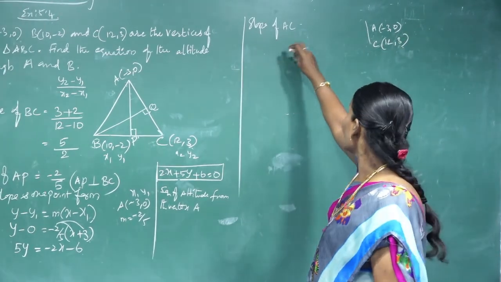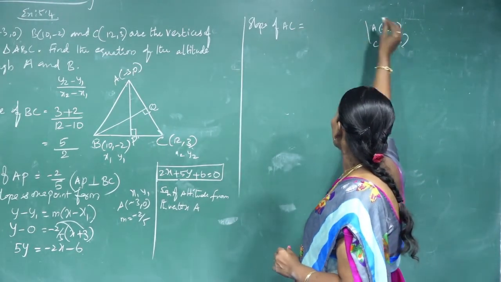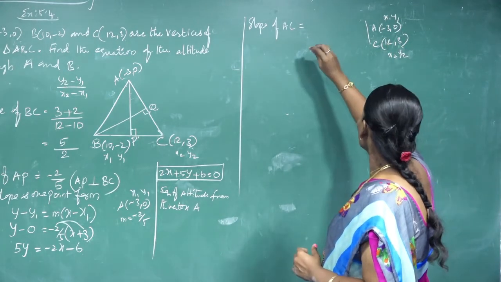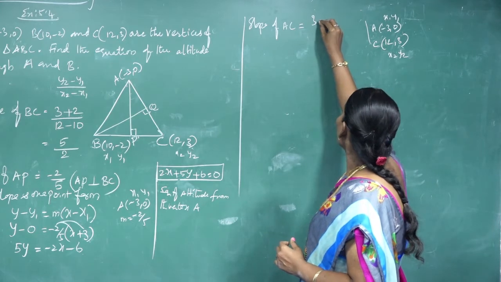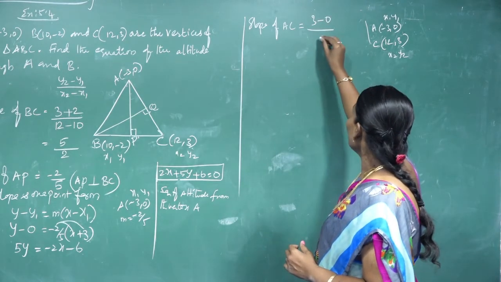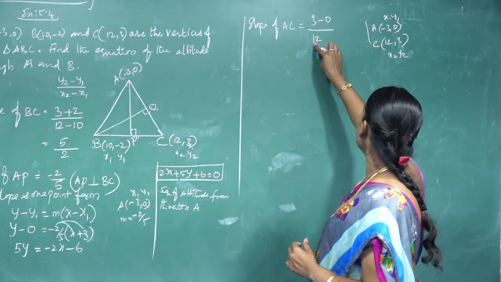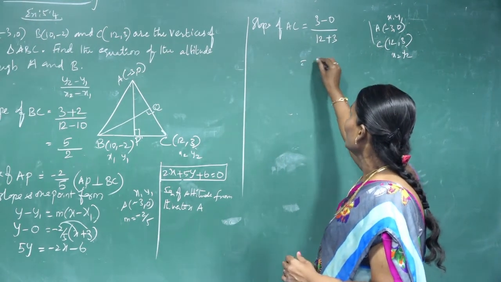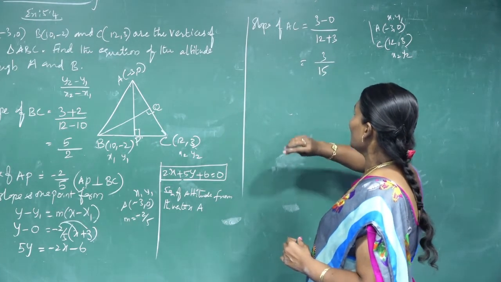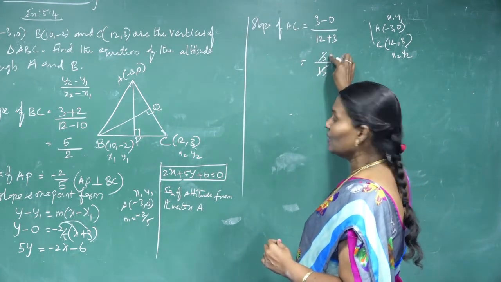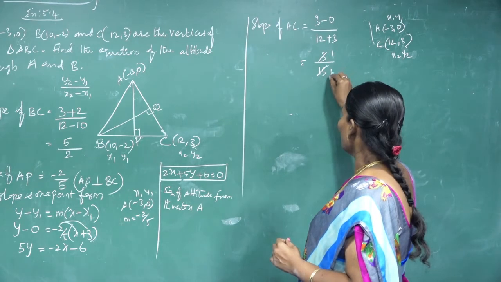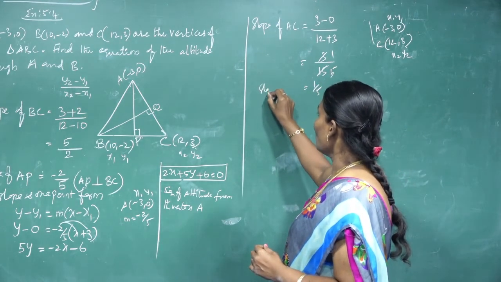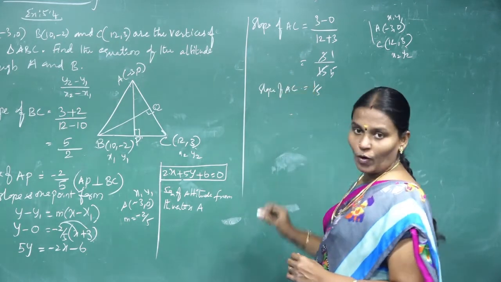Now the slope of AC is y2 minus y1 by x2 minus x1, considering this x1, y1 and this x2, y2. y2 is 3, y1 is 0, so 3 minus 0, by x2 is 12 and x1 is -3, so 12 plus 3. So 3 by 15. We cancel with the three table, 1 times, 5 times, that is 1 by 5. So the slope of AC is equal to 1 by 5.